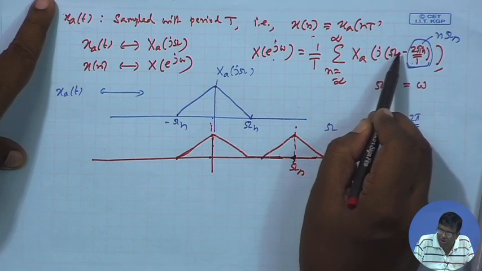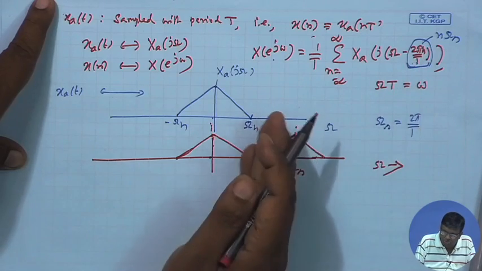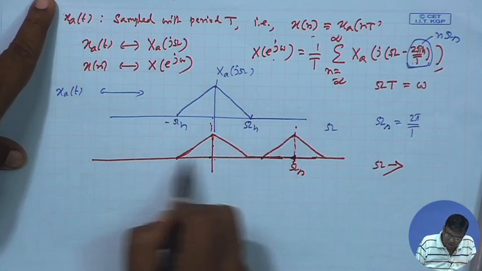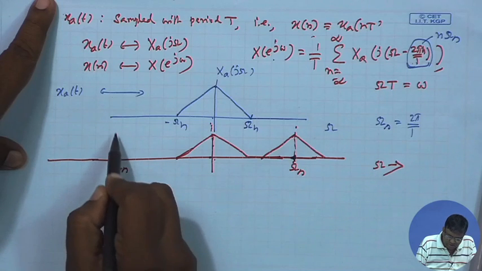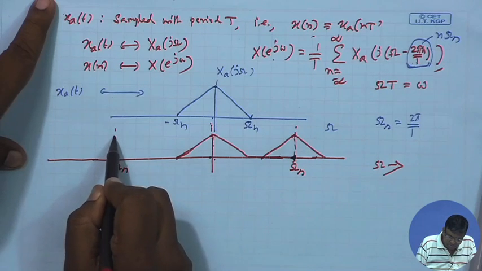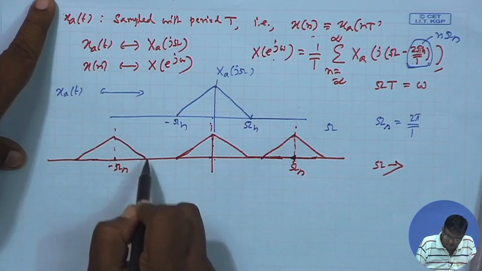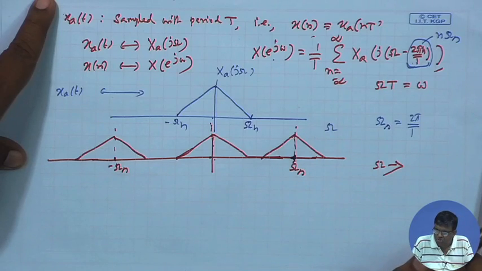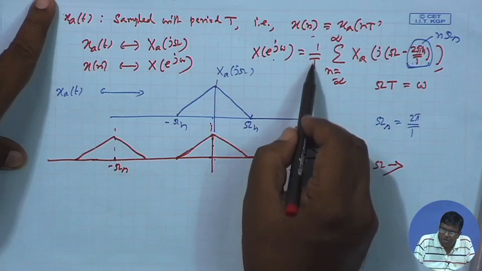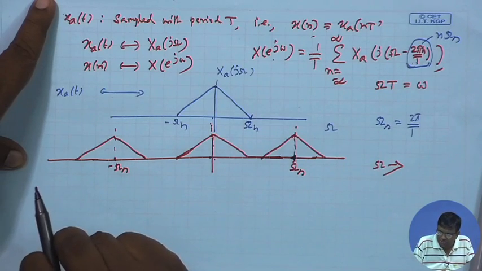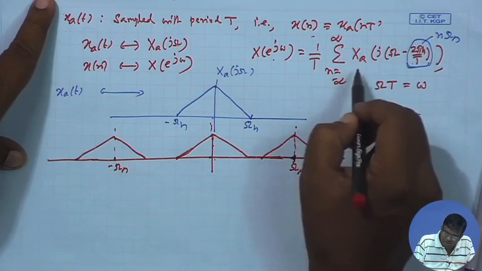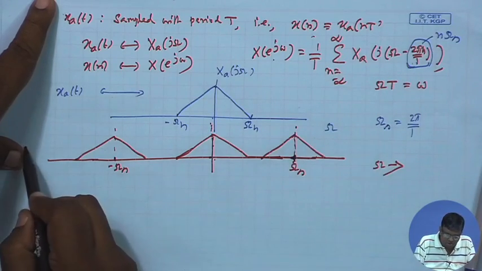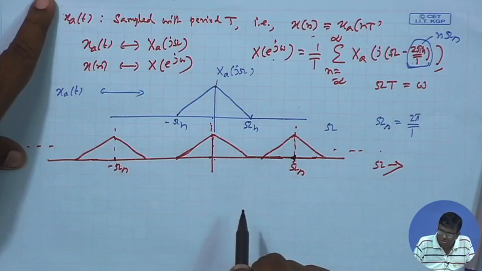So, it will be capital omega plus 2 pi by T, which means the origin will move to minus omega s, and so on and so forth. And then you multiply by the scalar 1 by T, it does not change anything. So, this will be the summation function plotted here.